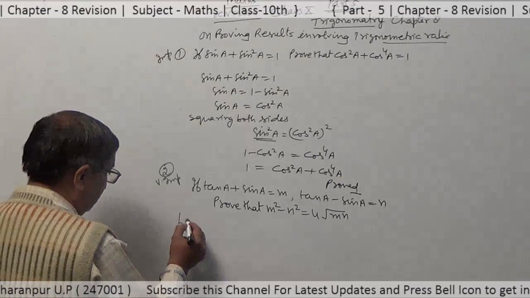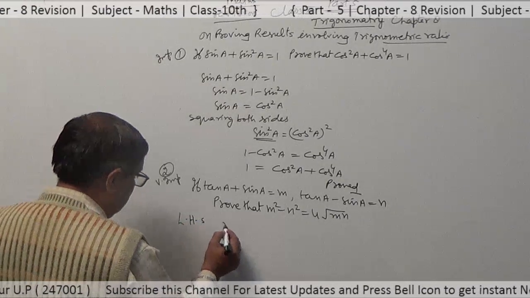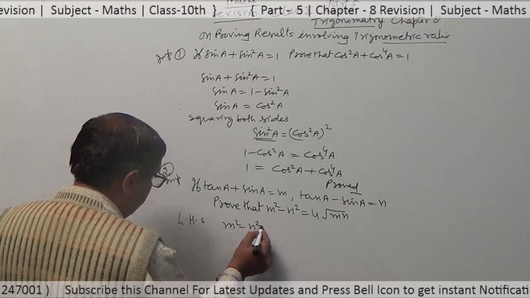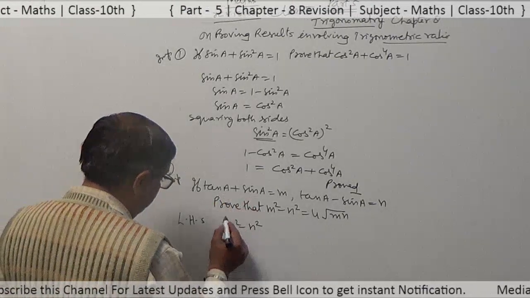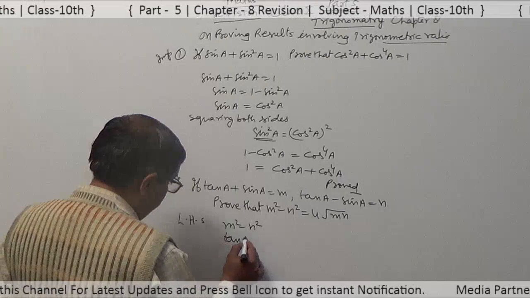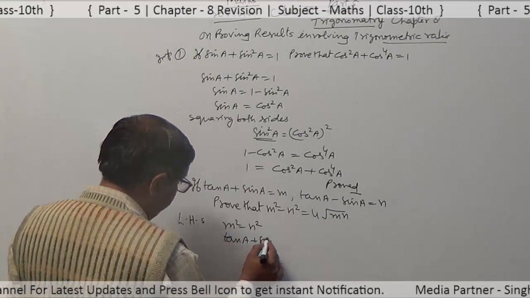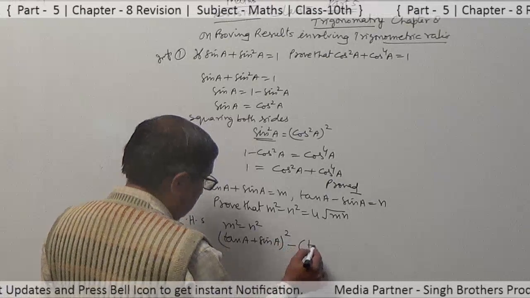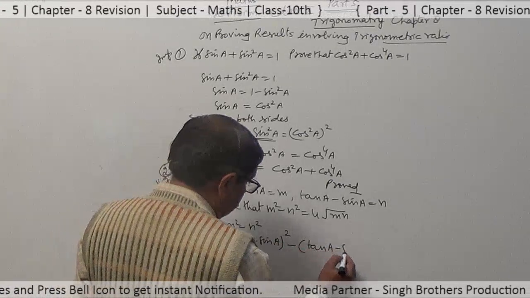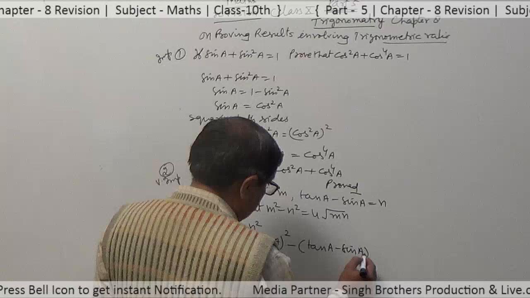So, take the left hand side, m square minus n square, putting the value of m and n: tan A plus sin A whole square, tan A minus sin A whole square.